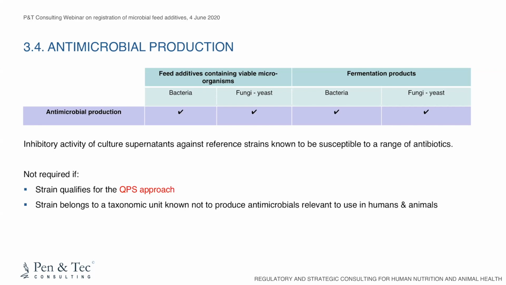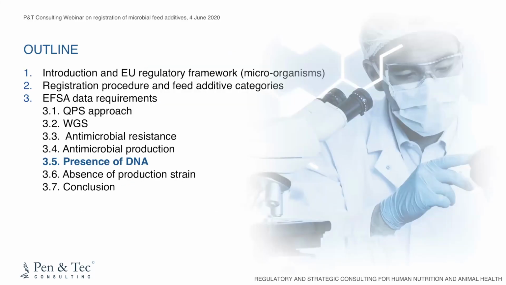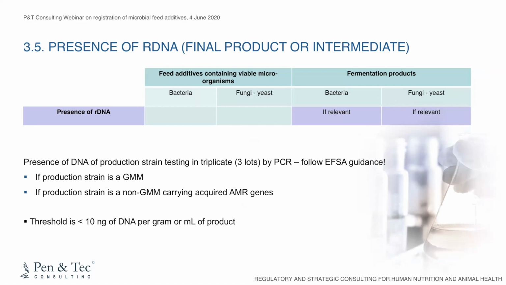In relation to the presence of recombinant DNA, it must be determined for products obtained using genetically modified production strains, or for products obtained using non-genetically modified production strains that carry acquired antimicrobial resistance genes or other potential genes of concern.